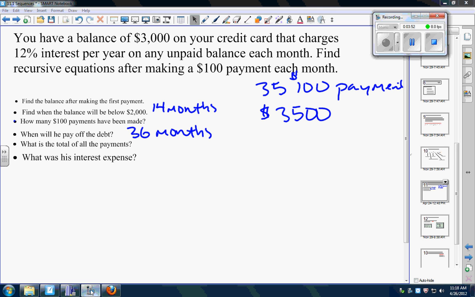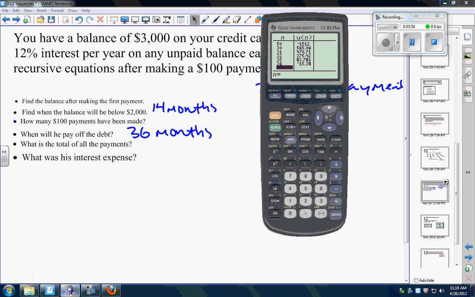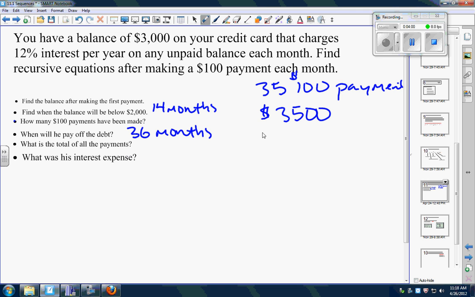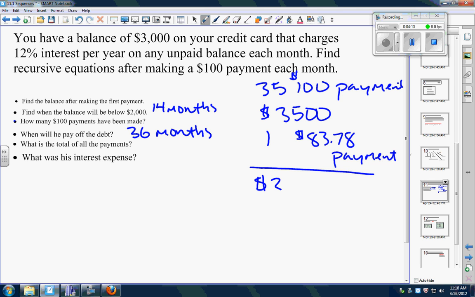Now the last month we didn't pay $100, we paid $83.78. So then we made one $83.78 payment. Okay, so what's the total of all the payments? We add these guys up. That's how much he paid.